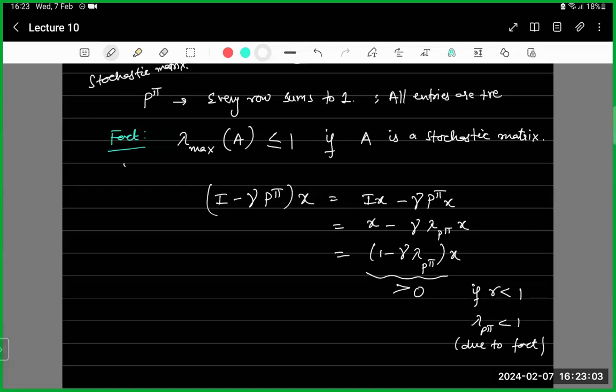If X is not an eigenvector of P pi, then it cannot be an eigenvector of I minus gamma P pi. So if you take any eigenvector of the first matrix, it will have this property. Is it clear to everyone, or is it confusing?